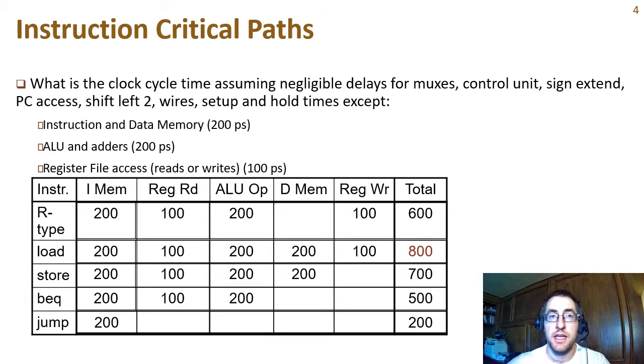So take a look at this table of instruction critical paths to see how we can derive what should be the cycle time. In the single cycle MIPS design we just saw, we support the R-type instructions: add, subtract, and, or, set less than, as well as branch equal instructions, jump instructions, and the load and store instructions.